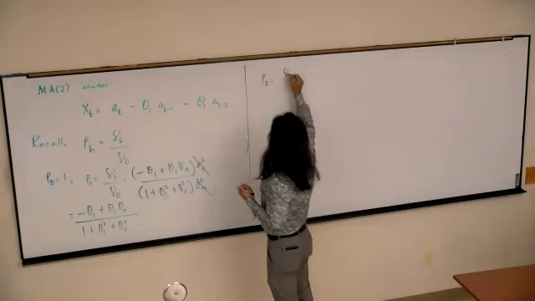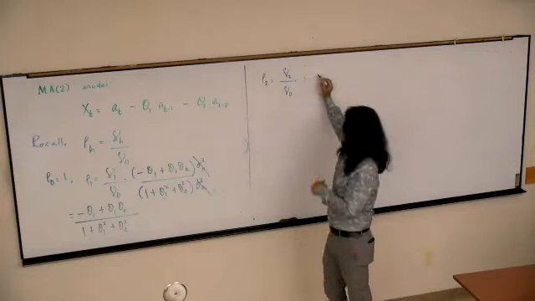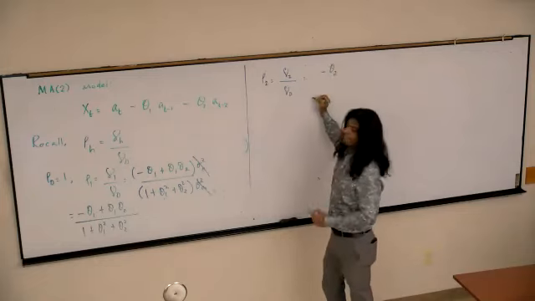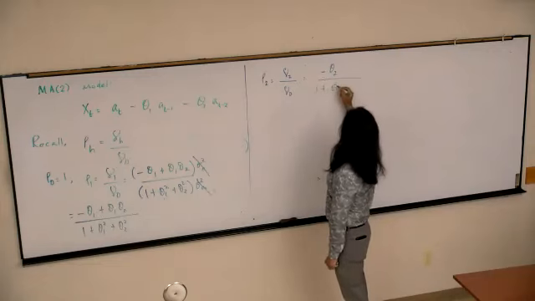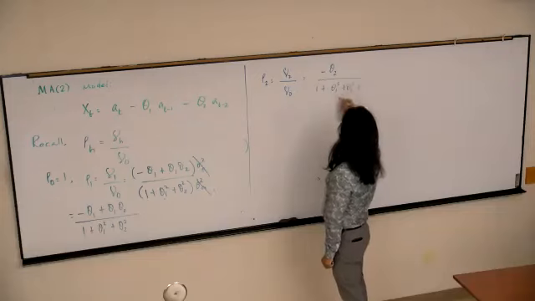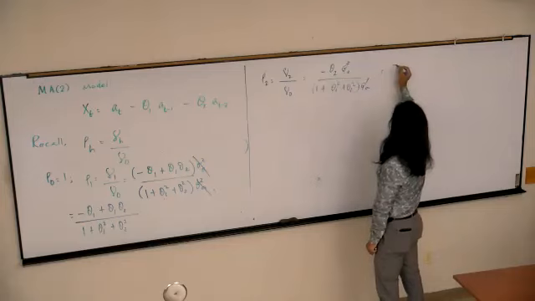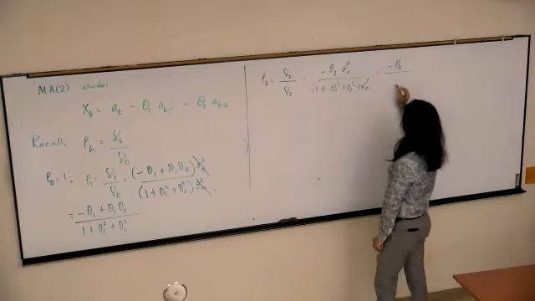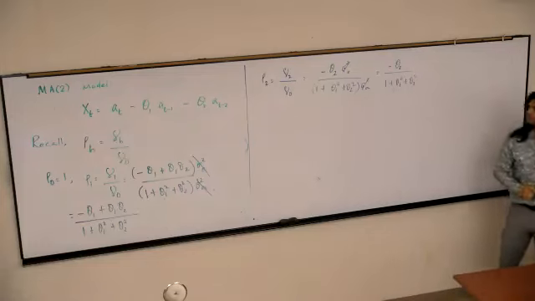Rho 2 would be gamma 2 over gamma naught. Gamma 2 is negative theta 2 times sigma squared A divided by that same denominator, and the sigma squared A term gets cancelled. So we simply have negative theta 2 divided by 1 plus theta 1 squared plus theta 2 squared.